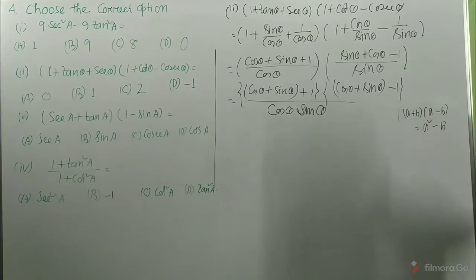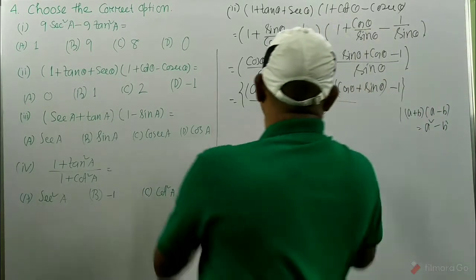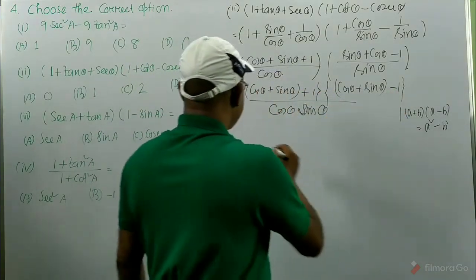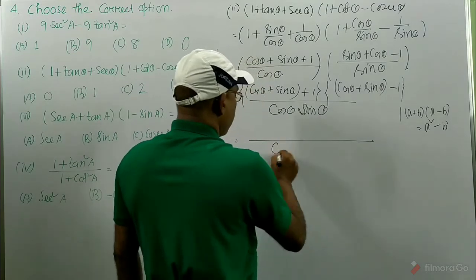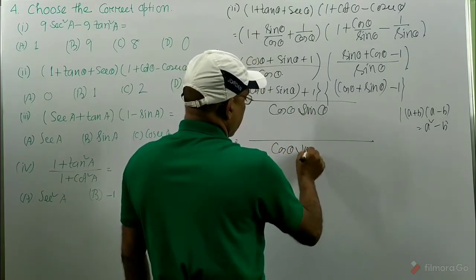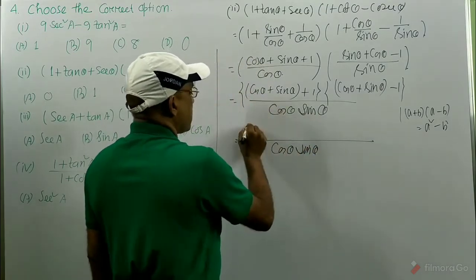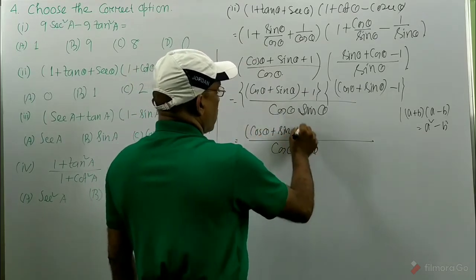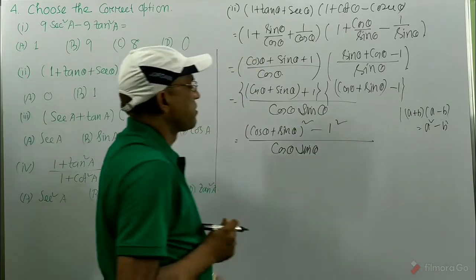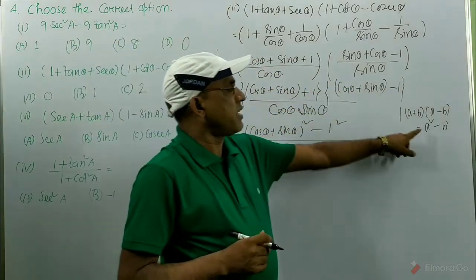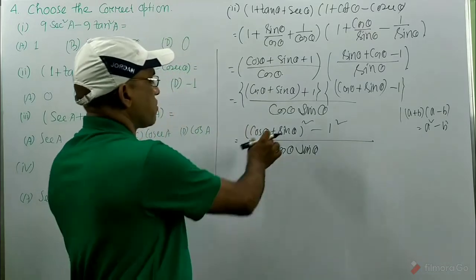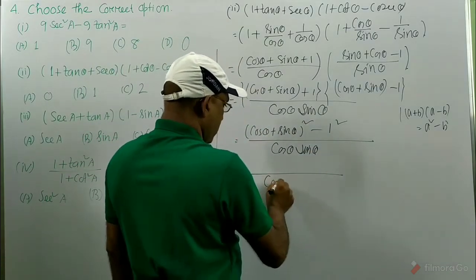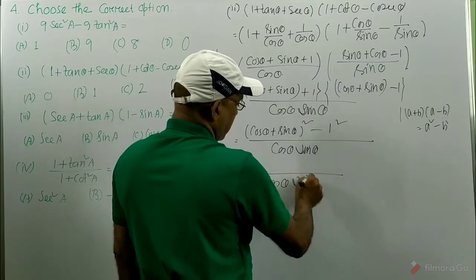So the denominator remains the same, and the numerator is (cos theta plus sin theta) whole square minus 1 square.